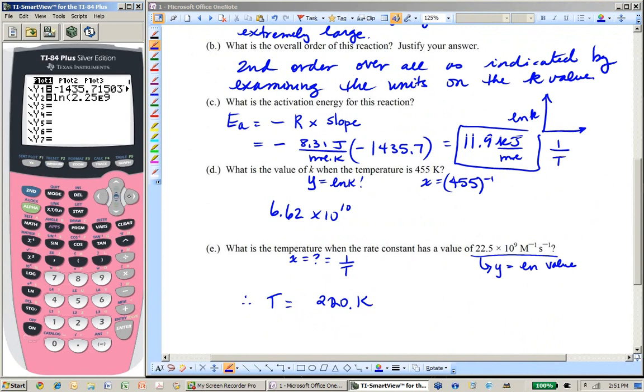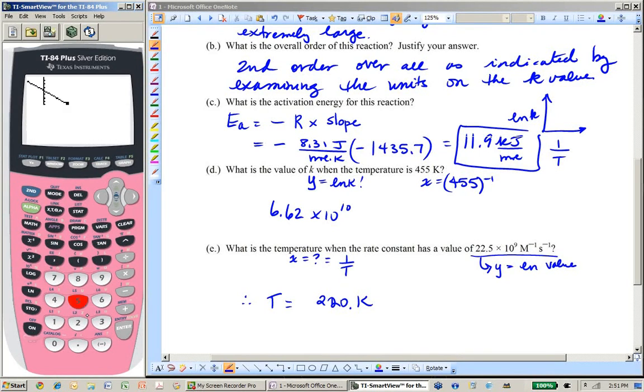Let's try that again. See, that's a good thing to be putting it in there that way. 22.5. Delete. 0.5. Second insert 5. Let's try that again. Graph it. Intersection, clearly moved. Second trace.